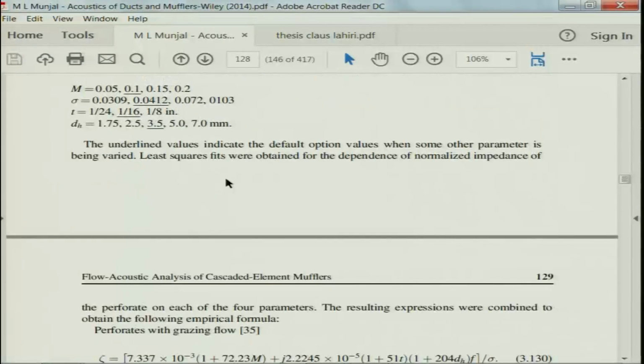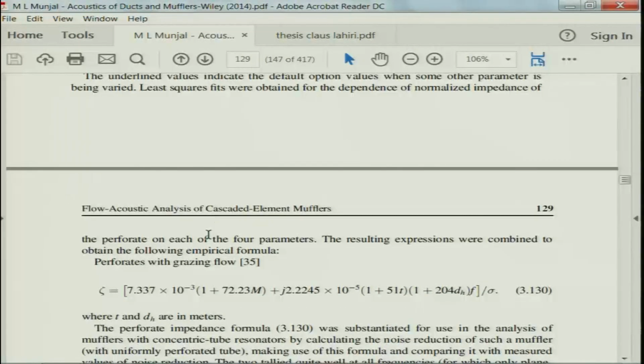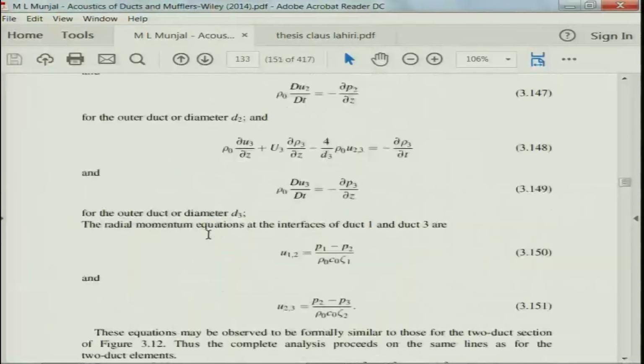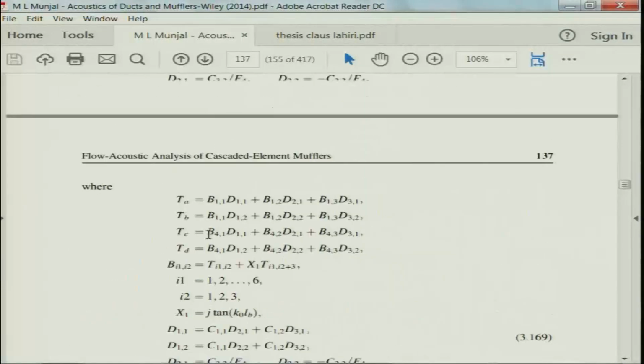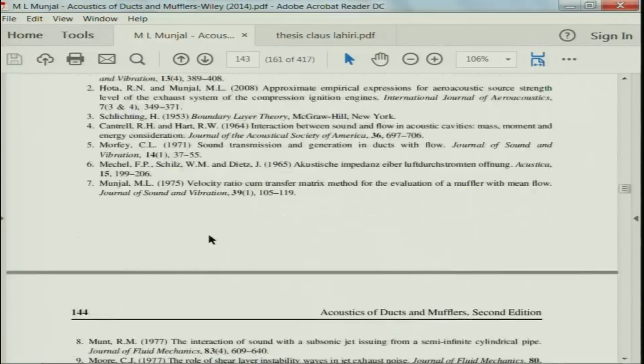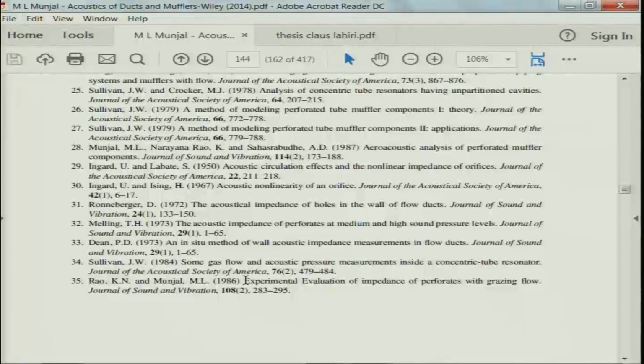This paper was published by these researchers, perforates with grazing flow, a long time back. Again, these are all historical expressions which have been used. It was published in 1986, experimental evaluation of impedance of perforates with grazing flow, in the Journal of Sound and Vibration.